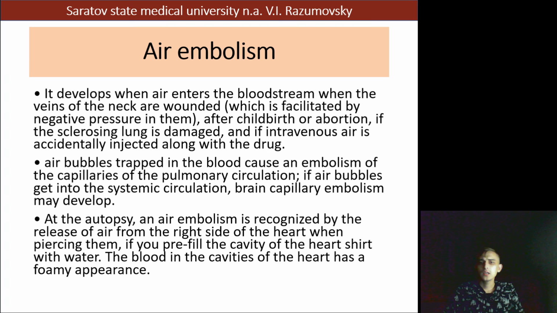Gas embolism is characteristic of caisson disease. It develops in rapid decompression. The bubbles of nitrogen released from high pressure in the soft tissues cause blockage in the capillaries of the brain and spinal cord, liver, kidneys, and other organs.